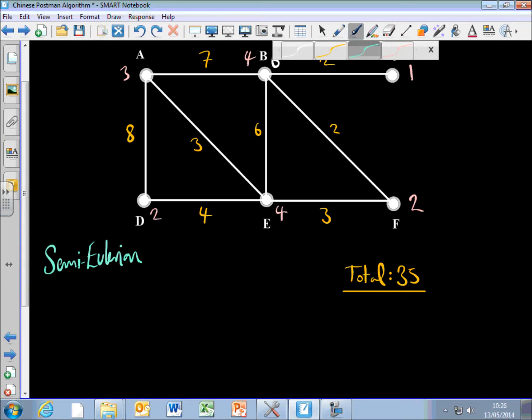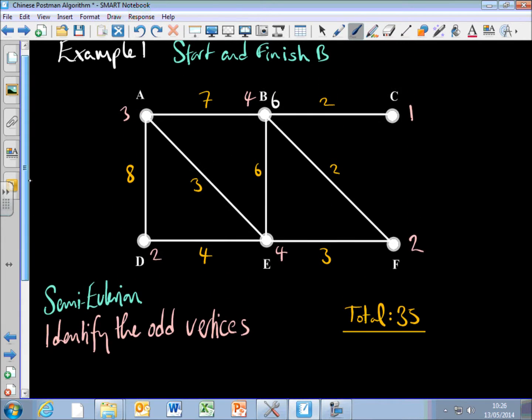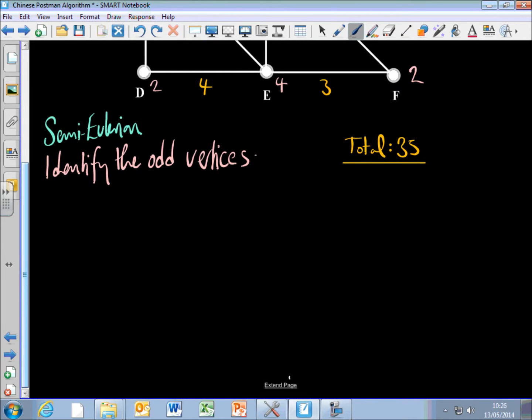So the first thing we always do with these questions is identify the odd vertices. Okay, so first step, identify the odd vertices. We've already done this. In this case, it's A and C. You usually get a mark for just identifying the vertices that are odd.